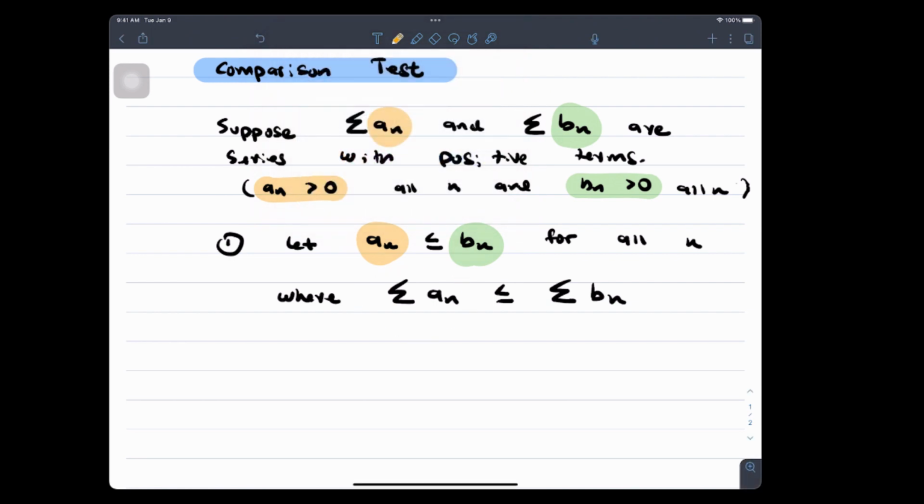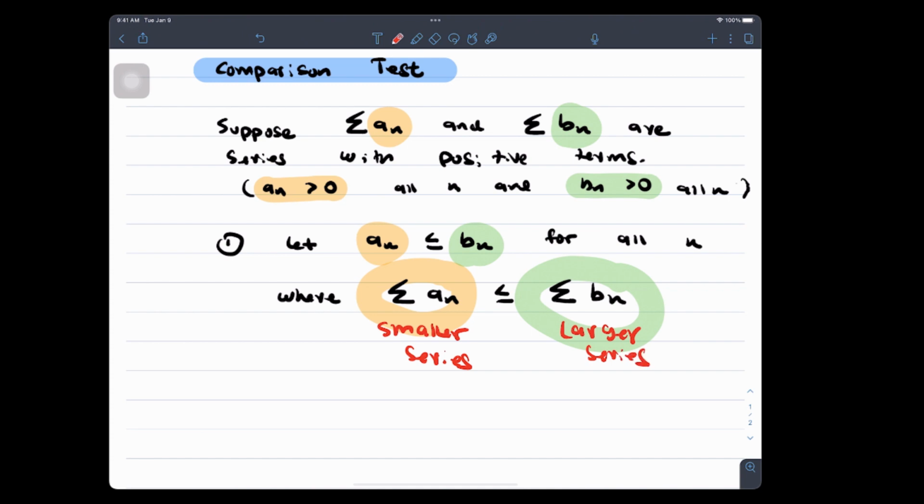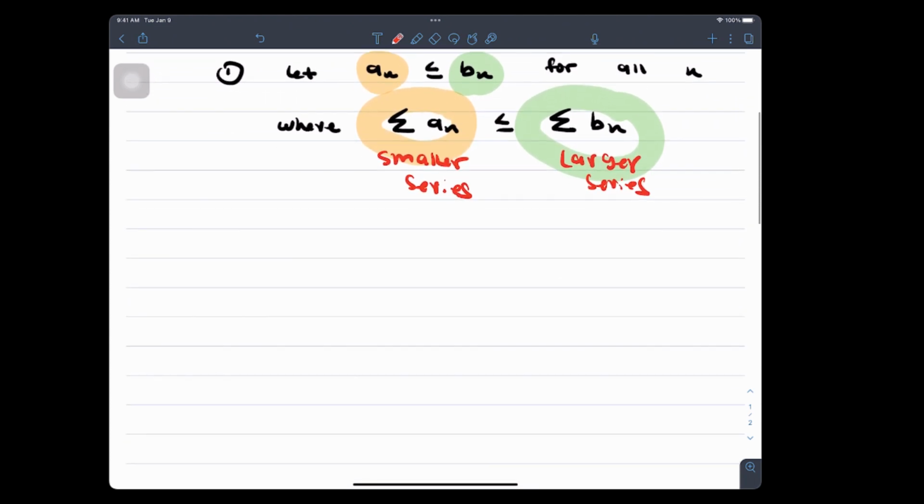So let me show you what we're really saying here. We take one sum, we have another sum. I like to say we have the smaller series, and here we have the larger series. If we let a_n be smaller than b_n for all n, then you have a smaller series and a larger series.